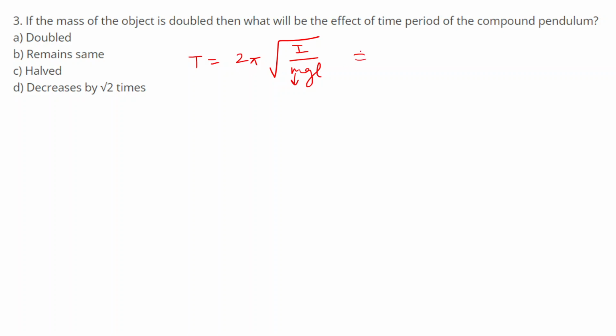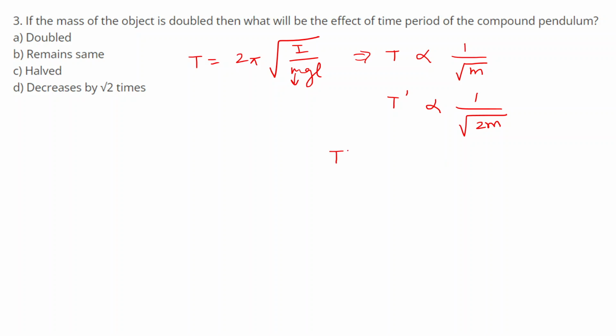From this expression we clearly see the dependence of time period on mass is 1 over root m, and if this becomes double, then how will the time period change? So this was earlier, this means it has reduced by 1 over root 2, right?